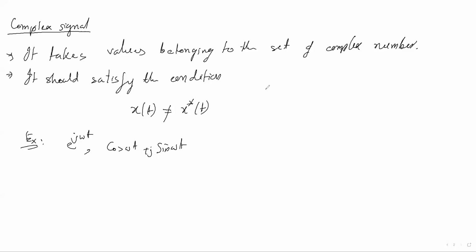Come to another type of classification, that is the fourth type of classification, called deterministic signal and random signal.